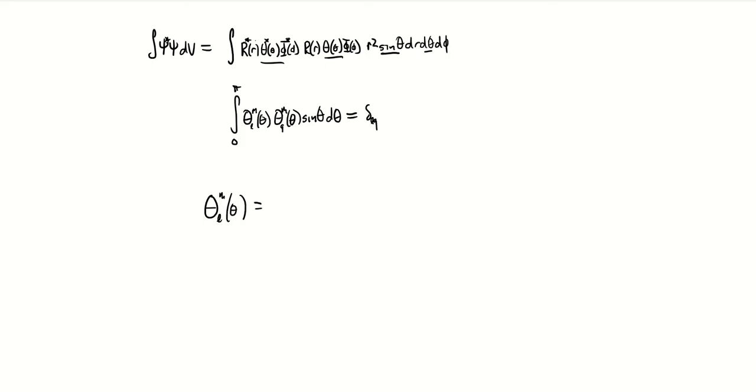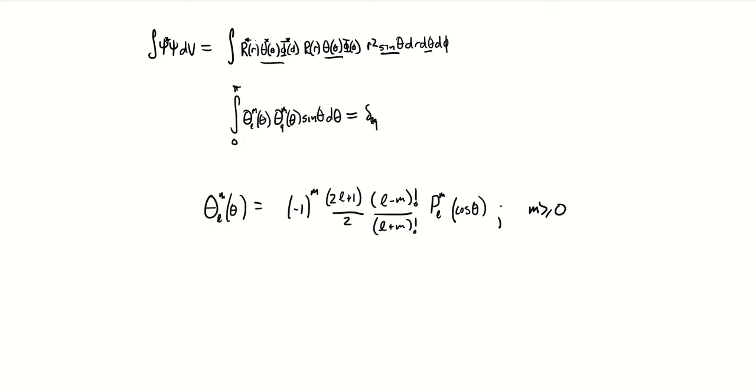It's going to be equal to (negative 1) to the m times the square root of (2L plus 1) over 2 times (L minus m) factorial over (L plus m) factorial, times our associated Legendre functions of our variable, which is cos theta. And we're using that m as a positive integer here, and it doesn't change.